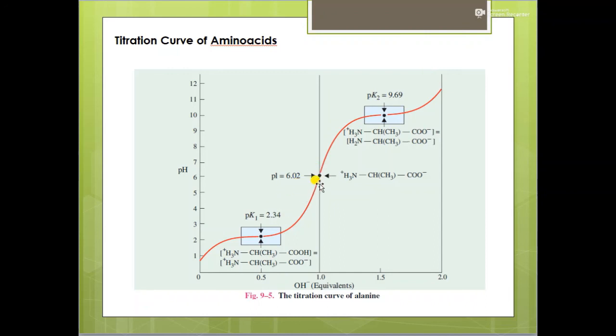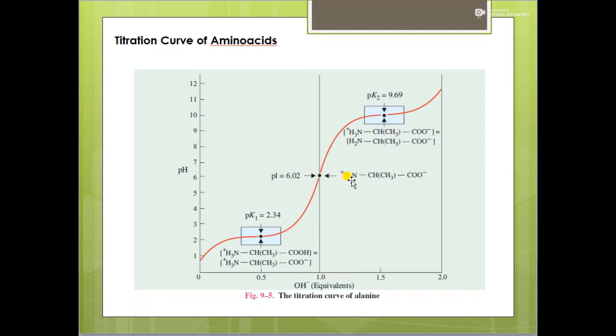For example, around a pH of 6, the amino acid is electrically neutral. Once you have both pKa values, at which pH will it be electrically neutral? Here, it is 2.34 plus 9.69 divided by 2. At the midpoint you get the isoelectric point of the amino acid.